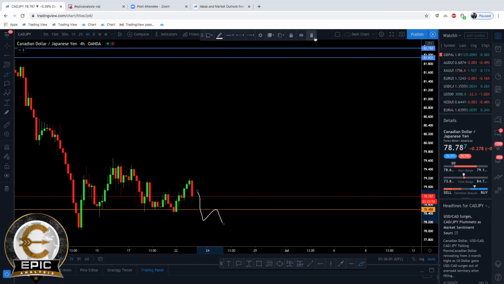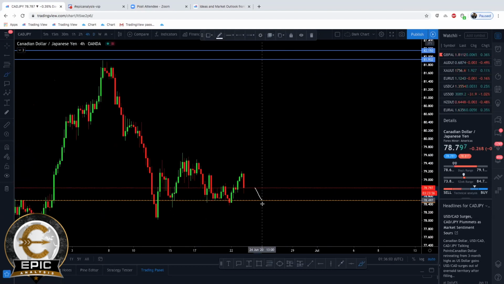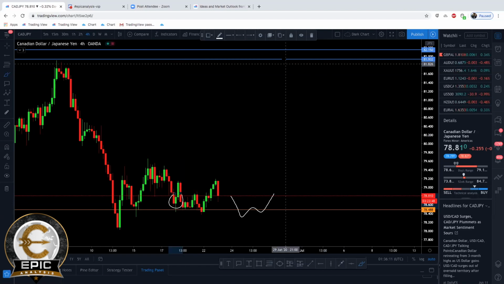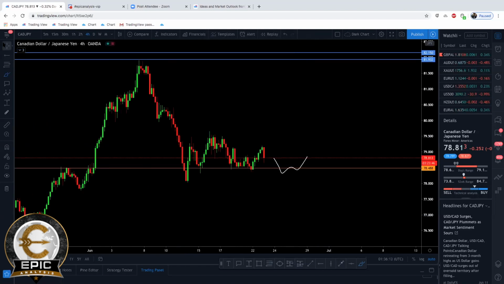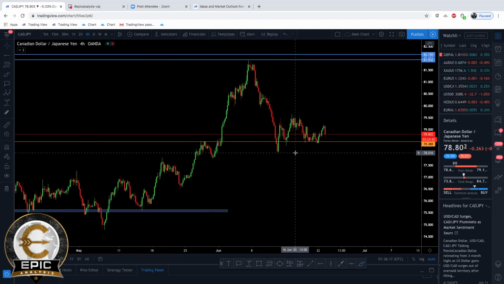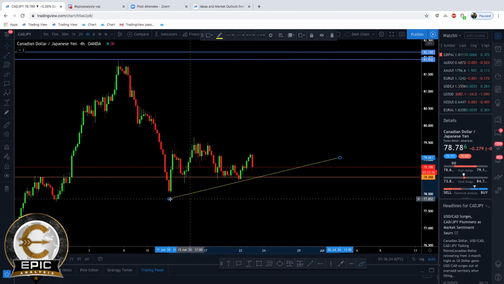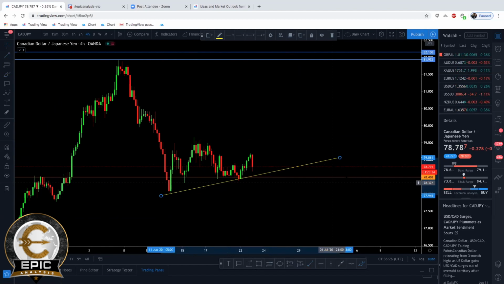I would need to see price come down here and find support, hold, maybe give us a bullish engulfing or a nice bullish shooting star, some type of bullish rejection, for me to look for that continuation buy to the upside. Because this is at a level right now where price could potentially hold and continue up to the upside.